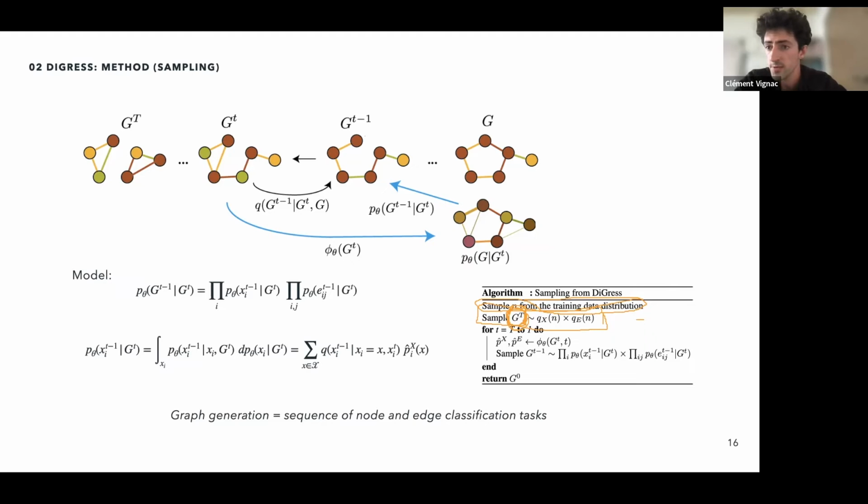The nice thing with diffusion models is that they solve this unconditional, unsupervised problem, which is generating new samples that look like the training set, in a supervised manner. So here, graph generation is just a sequence of classification tasks where we try to predict the type of each node and the type of each edge. And these are tasks that we know how to do very well.